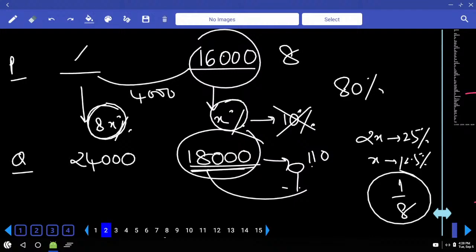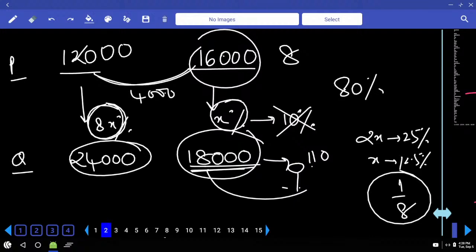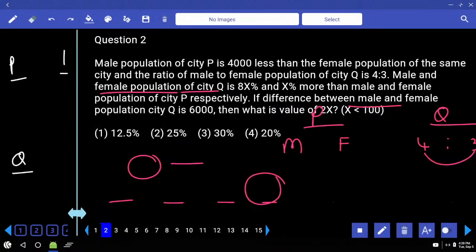What about 8x? 8x is 100%. This will be 200%. Then it will be 12,000, isn't it? So obviously it is 4,000 less, isn't it? That is right. Therefore, option 2 is the correct answer. We consider that 2x is 25%, isn't it?